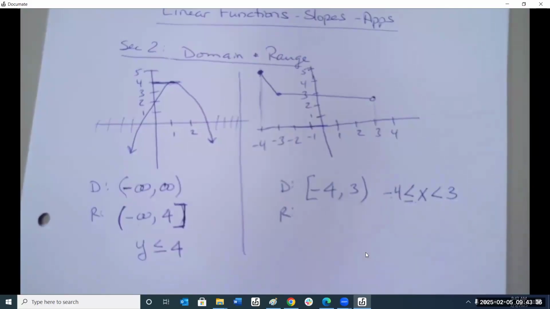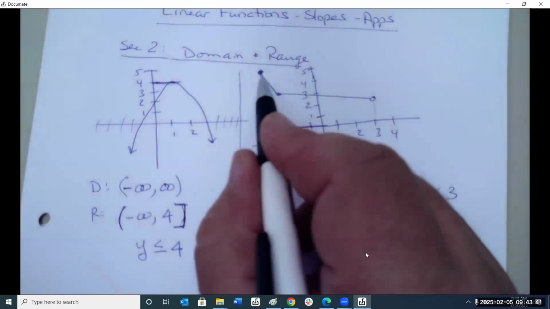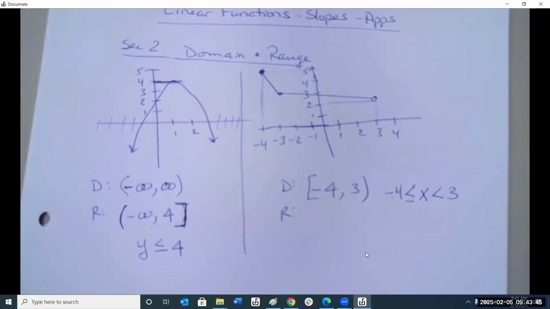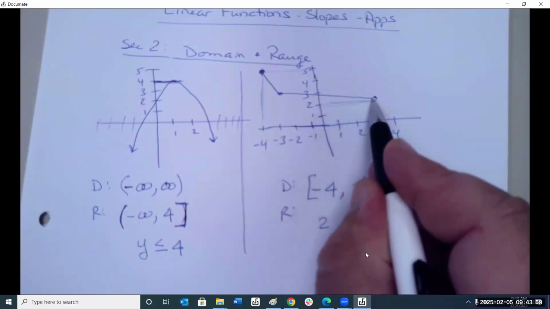How about the range? What's the range? Why you put it on Zoom? Because that's where it goes.